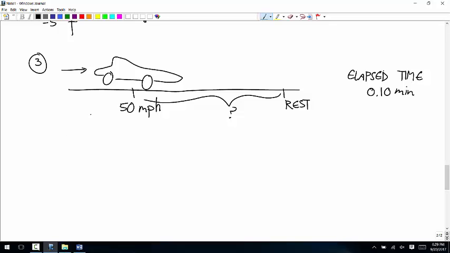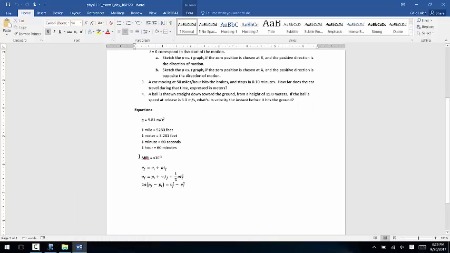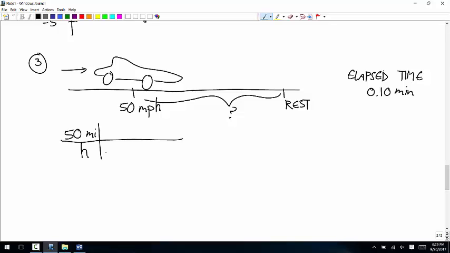So first, we know we want to put everything in meters and seconds. So 50 miles divided by hours. 1 mile is 1609.344 meters, and 1 hour is 3,600 seconds.